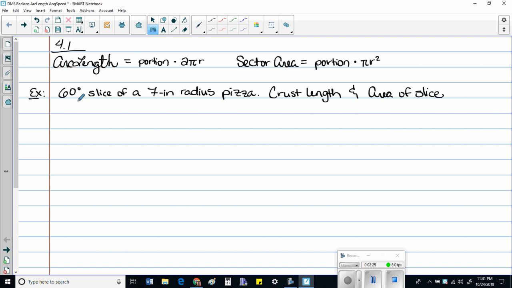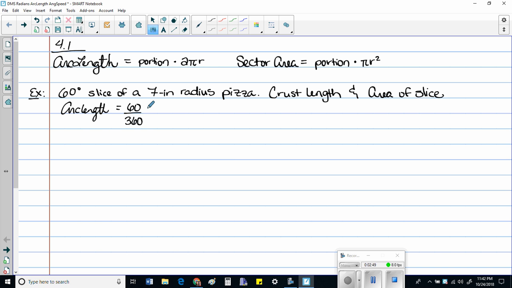Okay, so for this one, the arc length, which we call little s, and then the sector area is a big S. Anyway, the arc length is, I just like to write the word, a portion. So that's 60 out of 360.